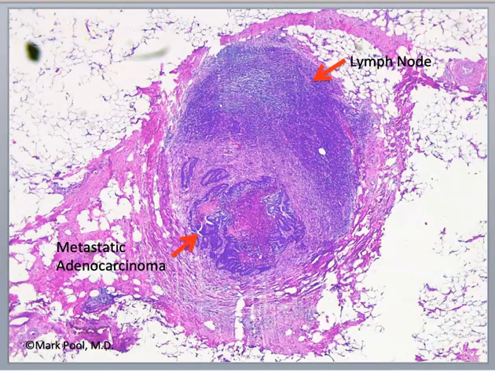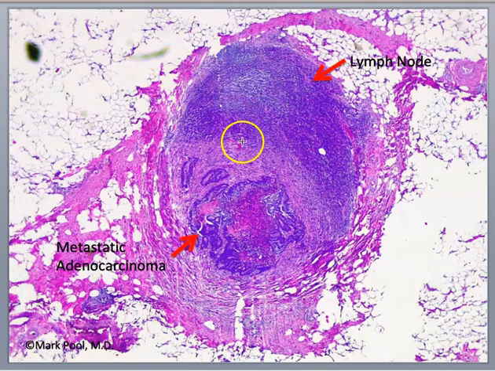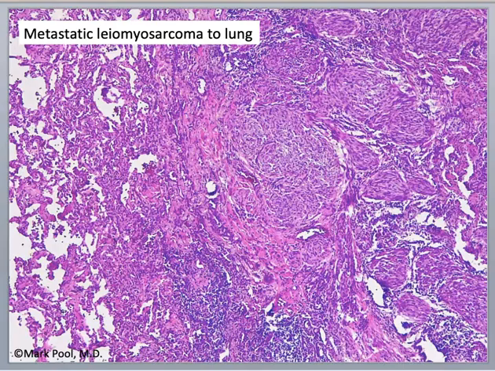Another example of a lymph node metastasis, remember we saw the colon adenocarcinoma a few slides ago, and this is an example of a metastasis, again, to a lymph node. So you get a bigger scope of the lymph node itself rather than a little corner piece from the previous slide. And similarly, you can see metastases to distant organ sites. This is revisiting the leiomyosarcoma.